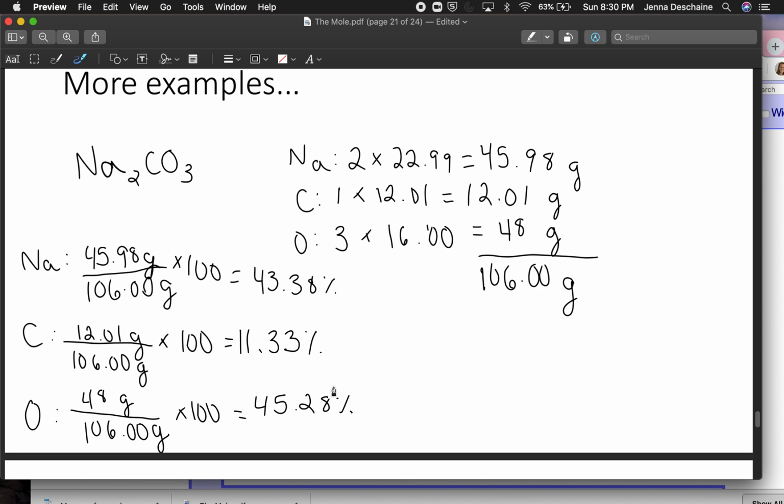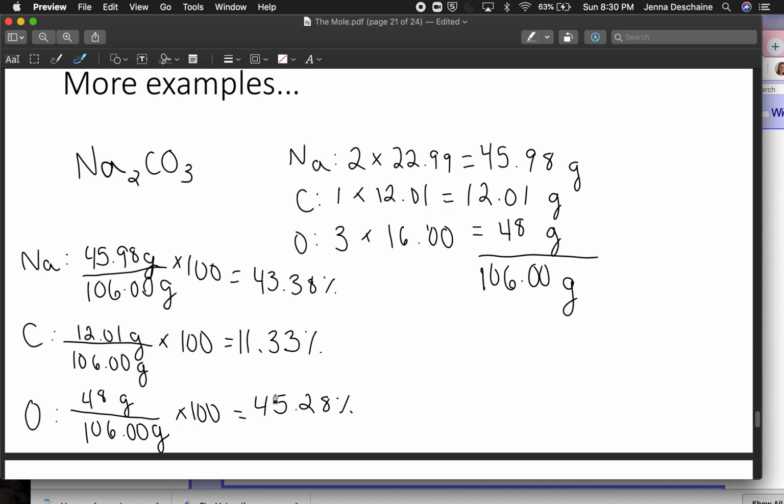Okay, so that means 43.38% of this compound by mass is sodium, 11.33% of this compound by mass is carbon, and 45.28% of this compound by mass is oxygen.